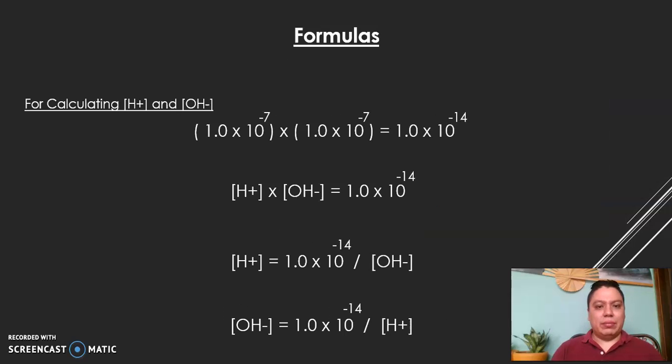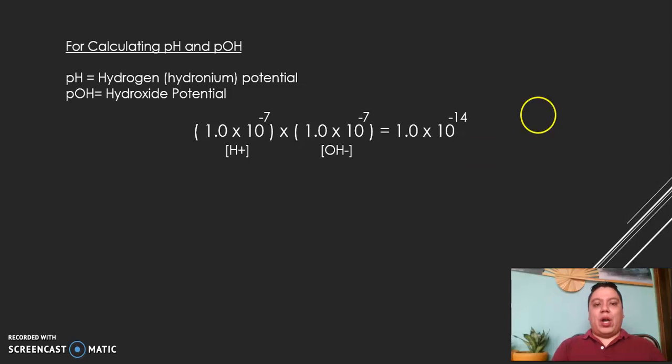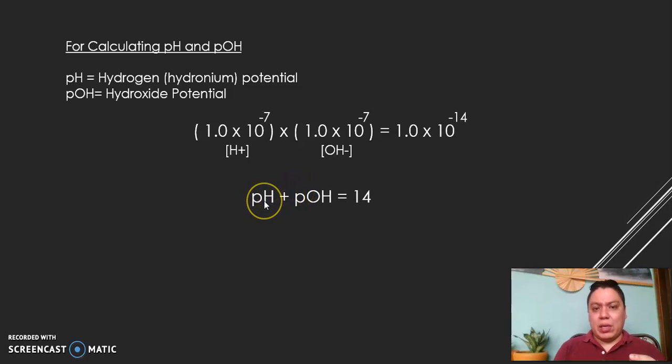Going back to this then, we start off again from this formula over here. Keep in mind that this is the hydrogen concentration and this is the hydroxide concentration. If pH is determined by the concentration of hydrogen ions, then we can simply say this: pH plus pOH, which depends on the concentration of hydroxide ions, equals 14.